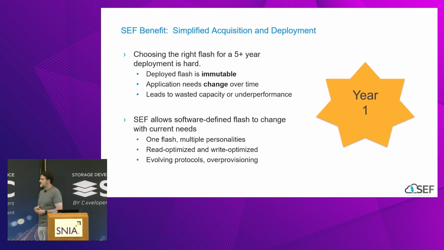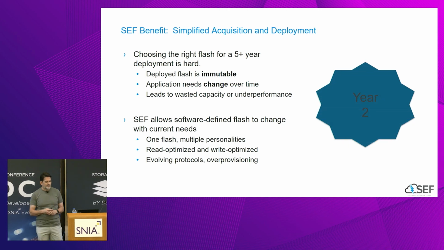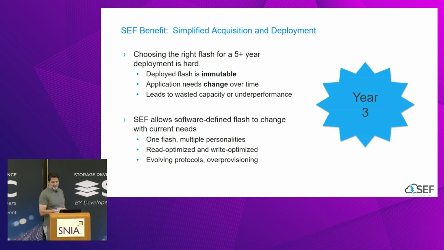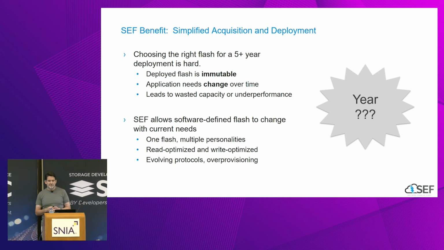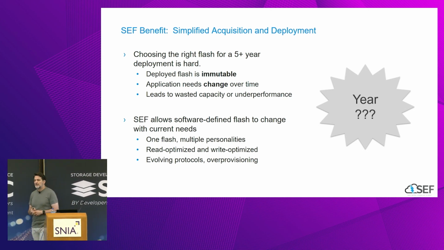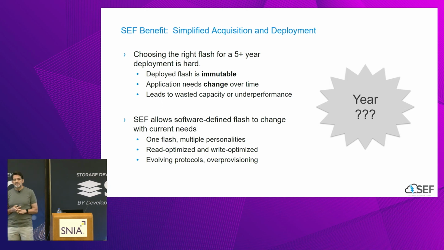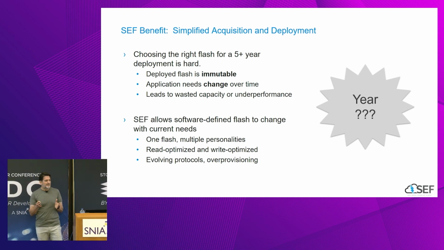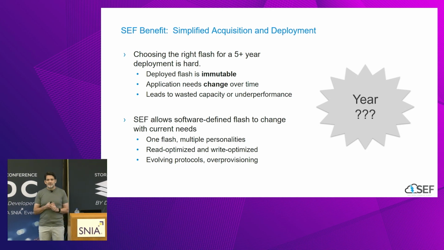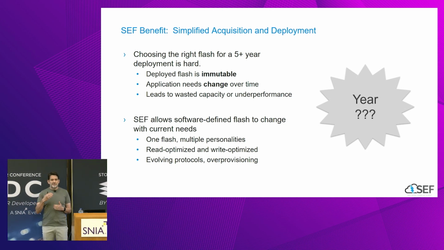A few slides back, I talked about the multi-protocol abilities of SEF, and this also has great TCO implications. One of the most proximal of those is the ability to buy an SEF compliant drive without a specific protocol to it. Once you bring that in, it reduces your SKUs.